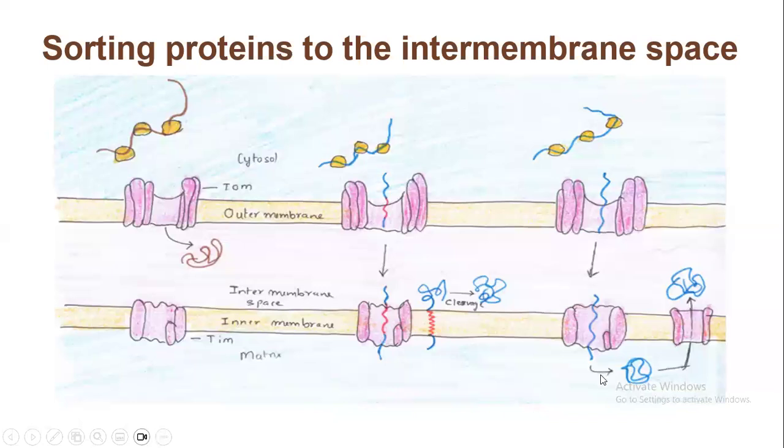Once it is in the matrix, the pre-sequences are cleaved off, and the cleavage of the pre-sequences may sometimes expose a second sequence, which is now a hydrophobic sequence that is again identified by the transporter of the inner membrane or the TIM complex, and it will transport the protein back across the membrane by identifying the hydrophobic signal sequence. So these are the three major pathways by which the proteins are transported to the intermembrane space.